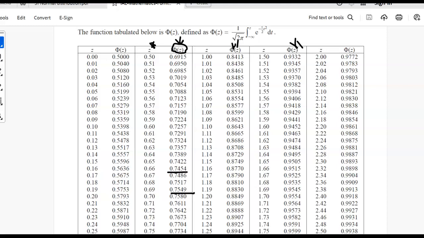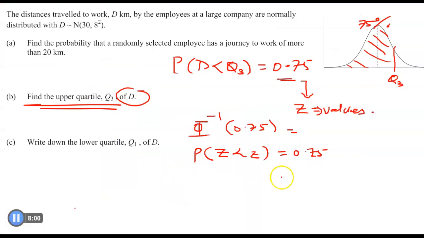These are the values closest to 0.75, but I'll take the closest one. You can see this one here is just 0.14 off 0.75, but this one is 0.17 above, so the closest one is this one. That means my Z value is 0.67. So this is the Z value that gives us a probability of 75%.